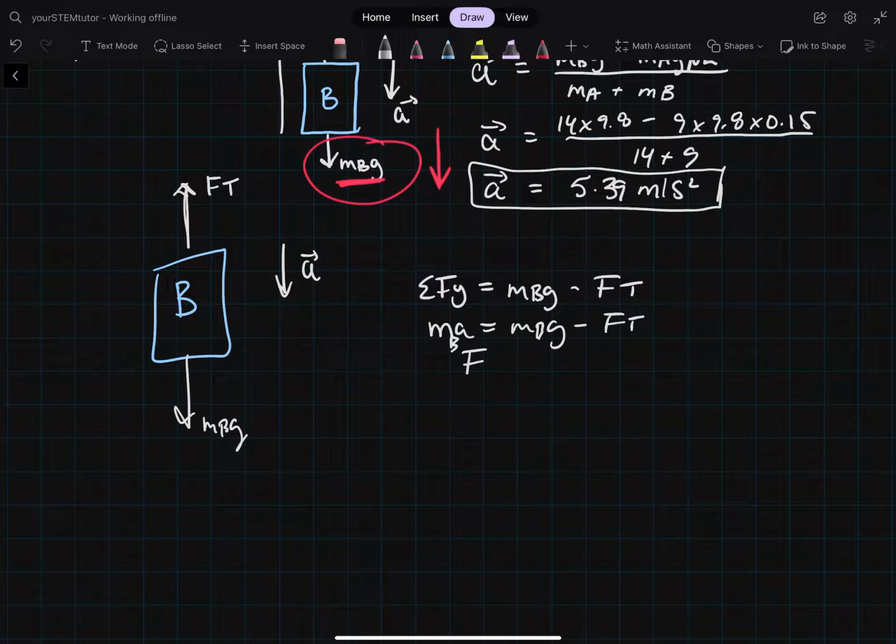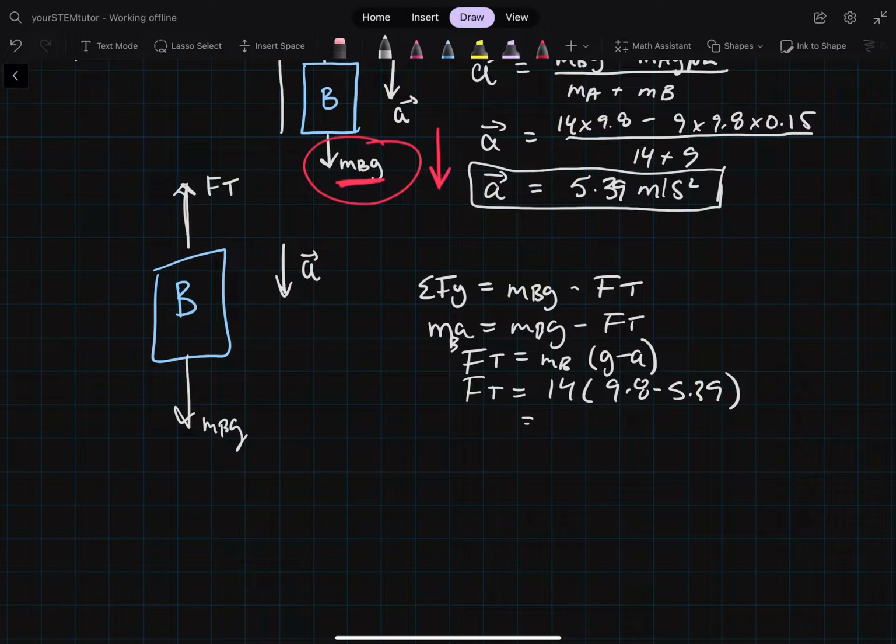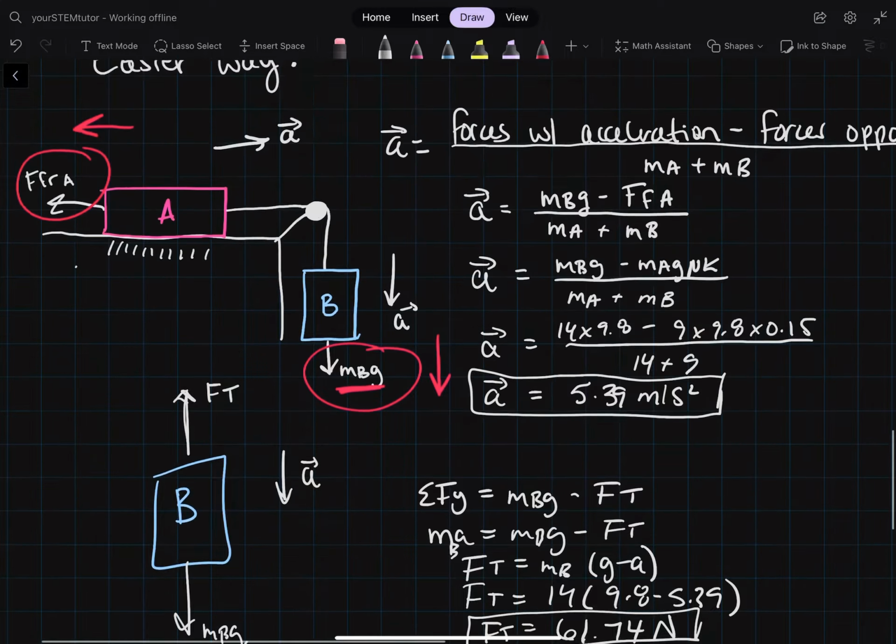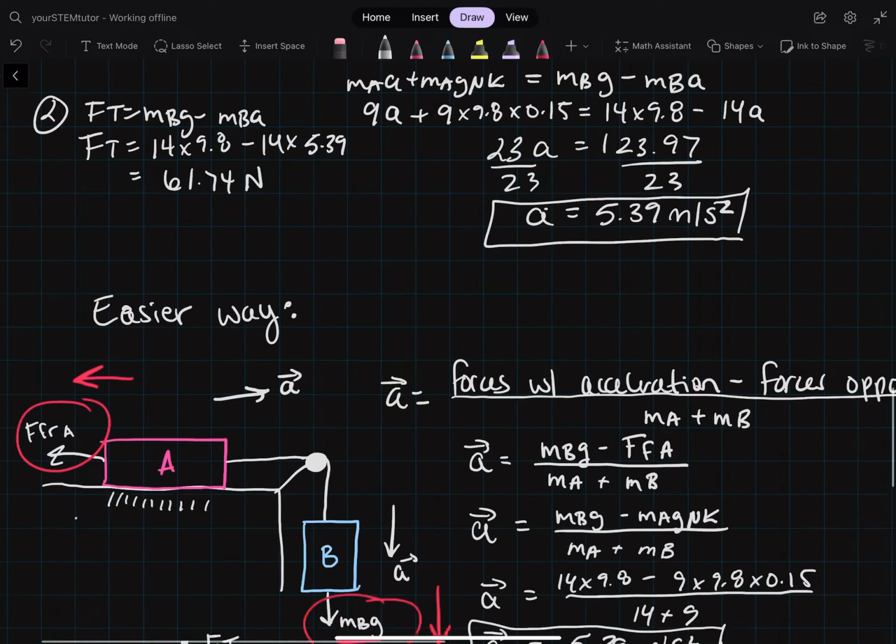And then we can rearrange this pretty simply to just be MB times G minus A, just to make it a little simpler. Force tension is equal to 14 times 9.8 minus 5.39. And overall, this equals 61.74 newtons for our tension, which is the same as in the first method as well.